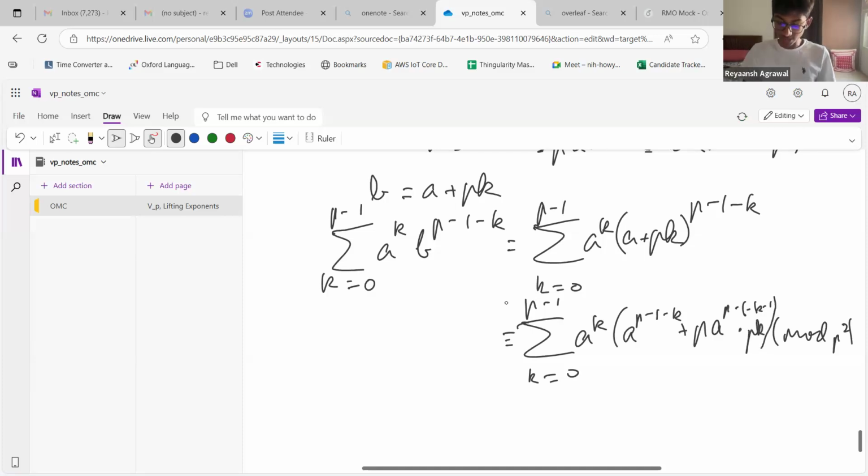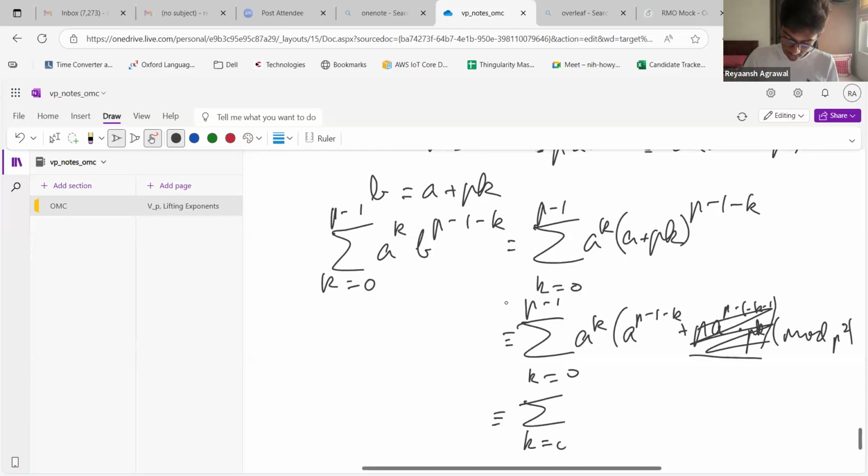That's it, because the rest of the terms would have PK raised to the power 2 or more, and that would already have P square times something. But this second term also has P square times something, so we can remove that as well. So this is just congruent to the sum over k from 0 to P minus 1 of A^(P-1), and this is equal to P times A^(P-1) mod P square.